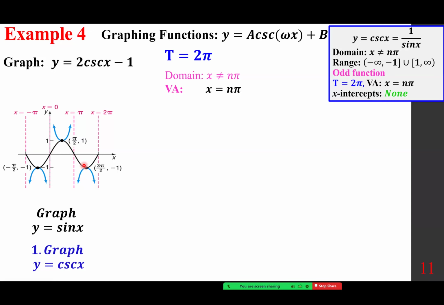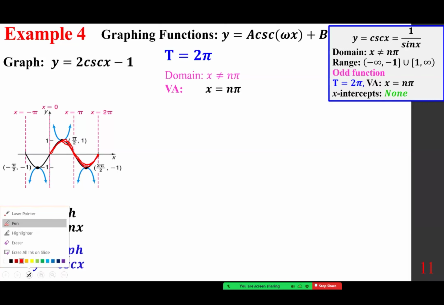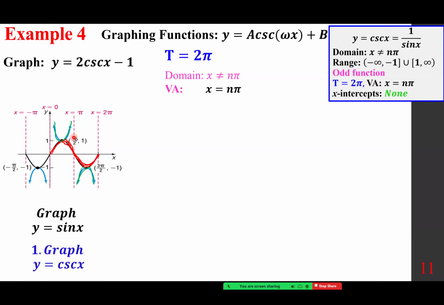So here's the sine x. Complete cycle. Just look at this part. And corresponding to this part, we have this, and the rest of it, because it continues indefinitely on both sides.